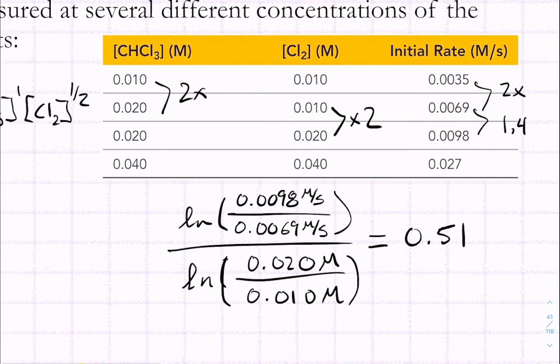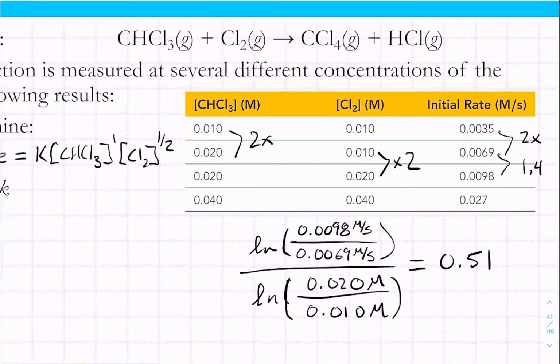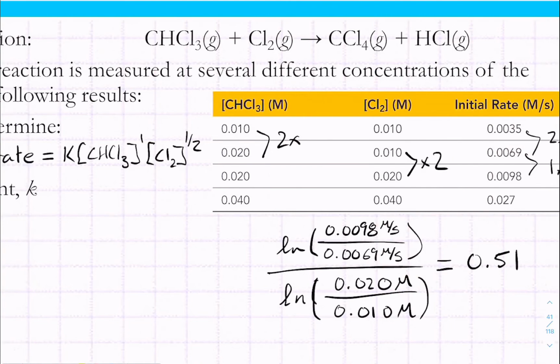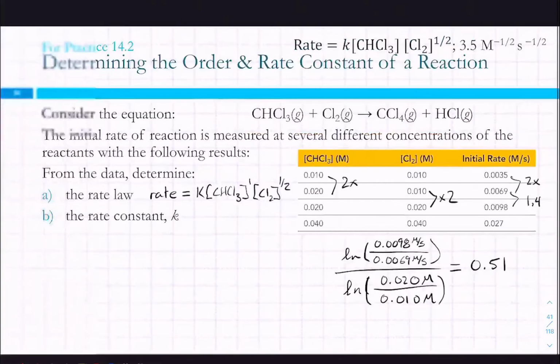And that would be just the reaction order. It's unitless, actually, if you look at this, right? We're dividing molar per second by molar per second, and molar by molar, so that's going to be unitless. So 1/2 is the reaction order for that. So the overall reaction order would be 1.5.